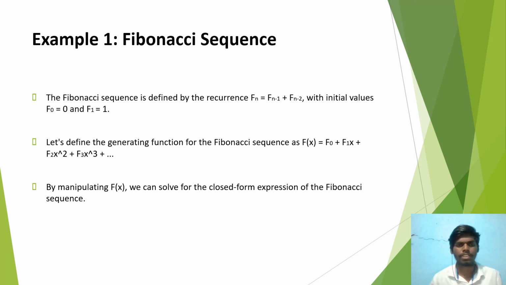Let's define the generating function for the Fibonacci sequence as f(x) = F_0 + F_1x + F_2x² + and so on. By manipulating the function f(x), we can solve for the closed form expression of the Fibonacci sequence, so that we can solve Fibonacci recurrence problems by using generating functions. Now let us see clearer information about generating functions in the next examples.